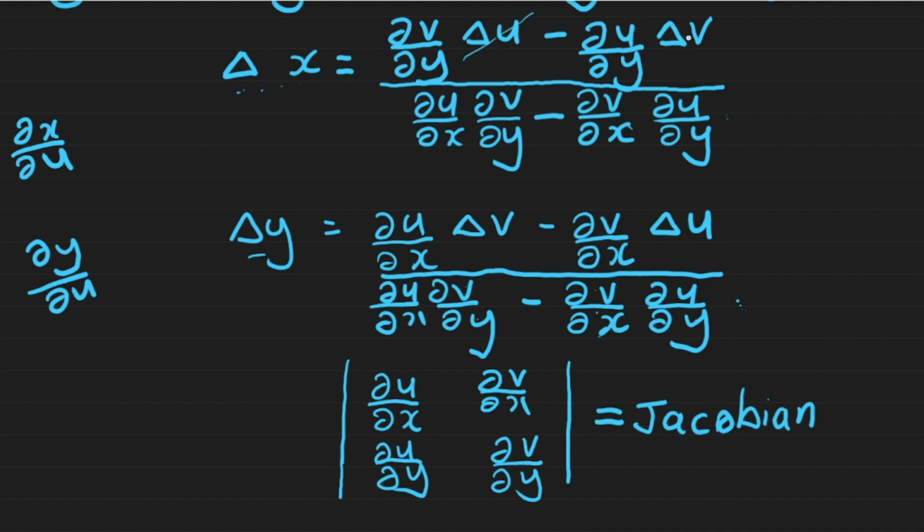And delta v, if we're going to find the derivative with respect to u, it means we're keeping v constant, so this term is a constant and it becomes 0. All we're left with is dv/dy divided by the Jacobian. So let's call this equation 5 and equation 6.